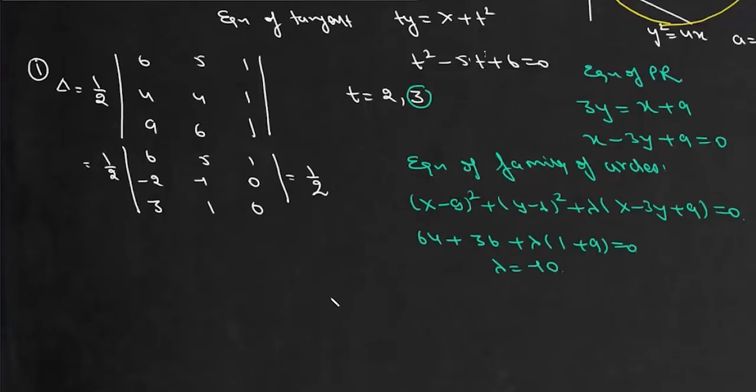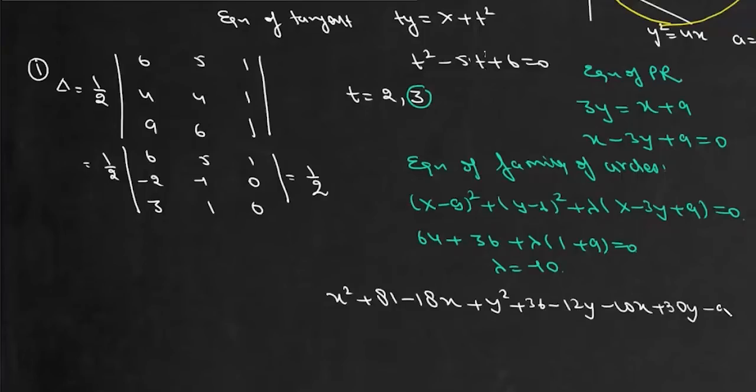So we can write the equation of this circle as x square plus 81 minus 18x plus y square plus 36 minus 12y minus 10x plus 30y minus 90 equals 0.